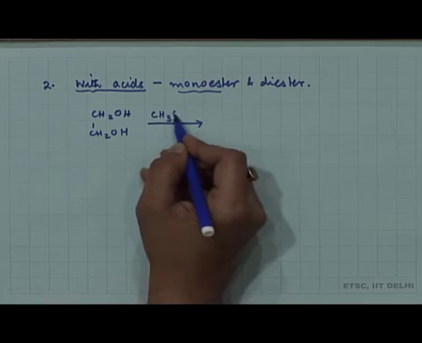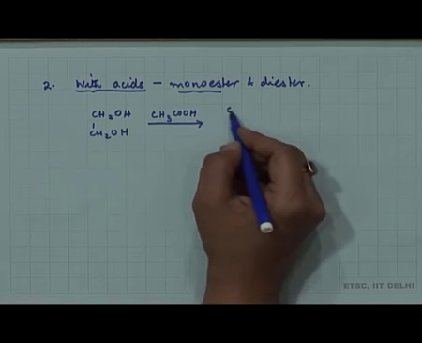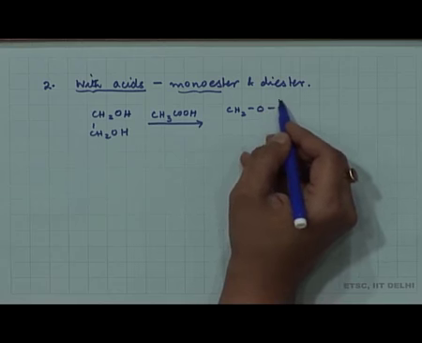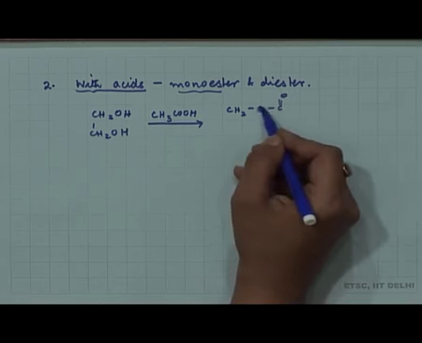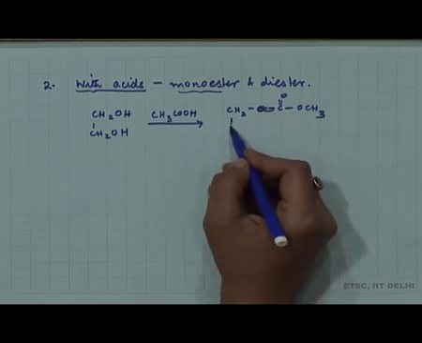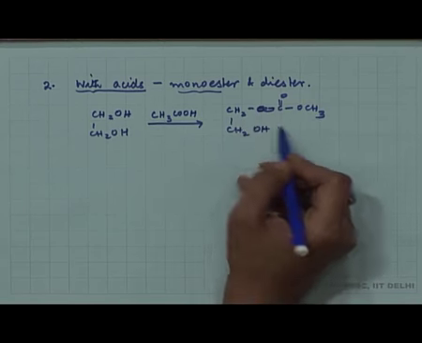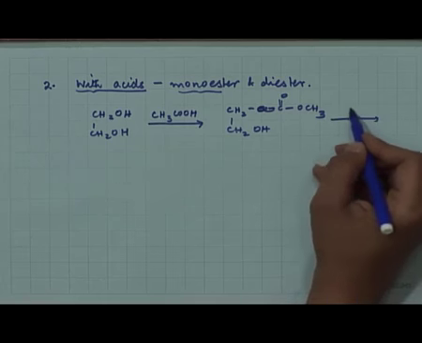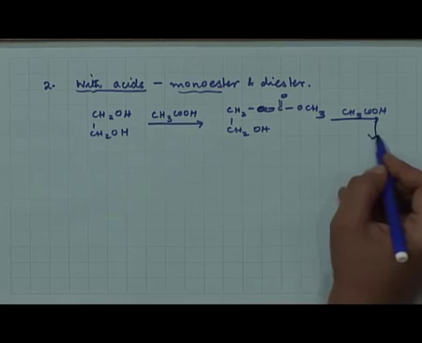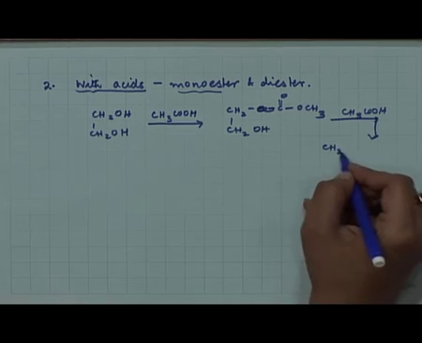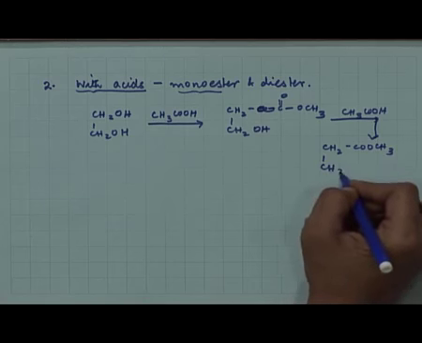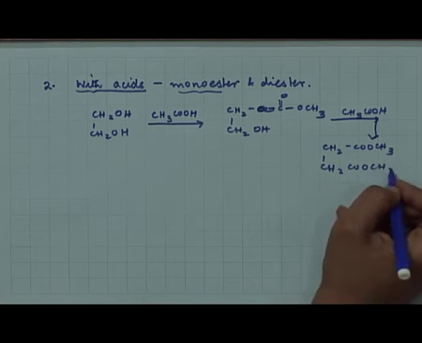So, you treat it with acetic acid, and you treat it now with another molecule of the acid, and you get the diester.